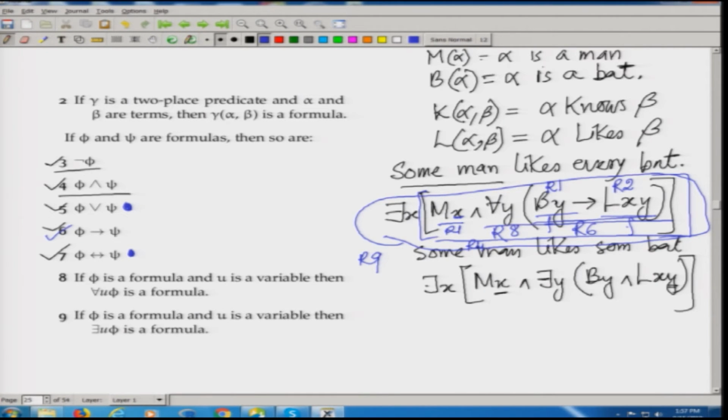Remember that there is kind of a hierarchy, not that every rule can be used everywhere. For example, if I do not construct a formula, then I cannot construct some x that formula, because a non-formula will not combine. So, first I have to use rule number 1 or 2.